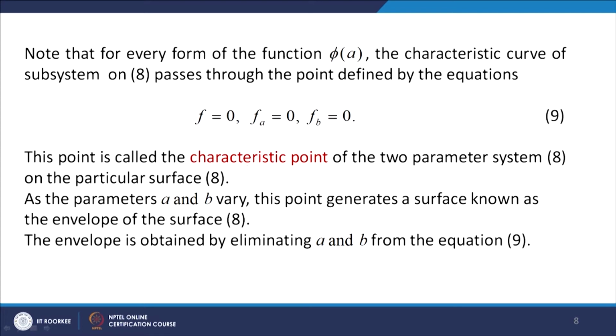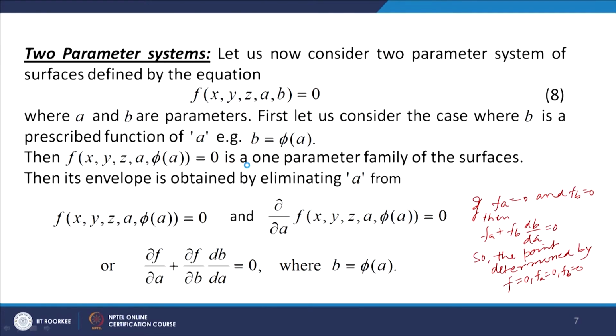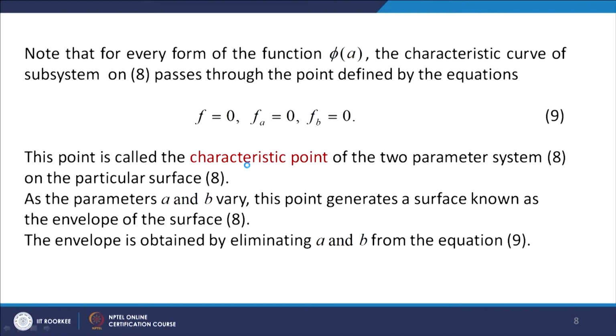This is your two parameter system, and we are taking the particular subsystem by taking b equal to phi(a). As the parameters a and b vary, this point generates a surface known as the envelope of the surfaces. The envelope is obtained by eliminating a and b from the equations f = 0, f_a = 0, f_b = 0.